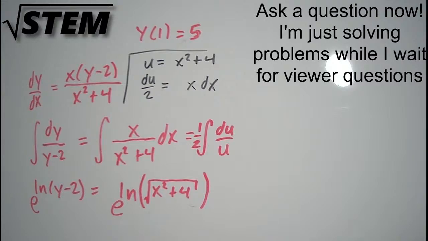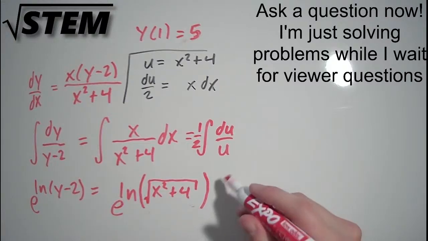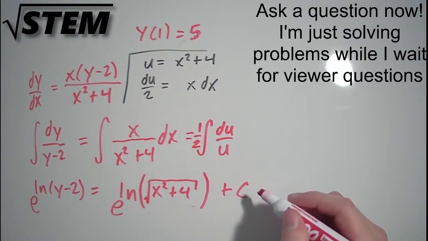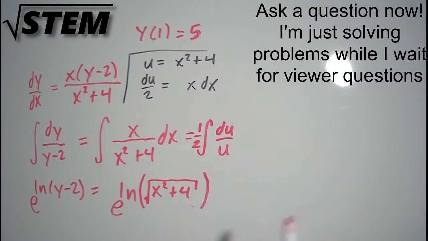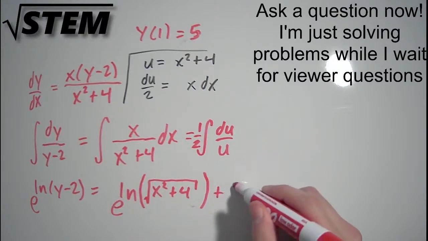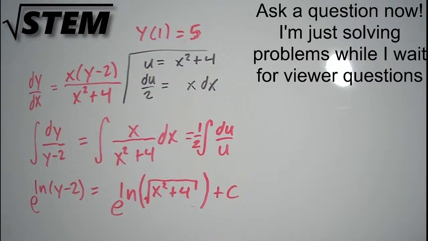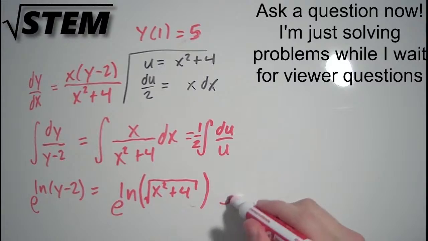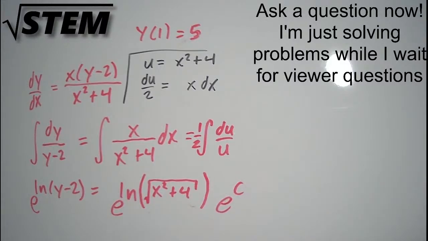Oh, I forgot something, didn't I? That was natural log of this stuff plus c. So yeah, that still is going to work, because that would be e to the natural log of some stuff is the stuff times e to the c, which is just going to be a constant multiple.